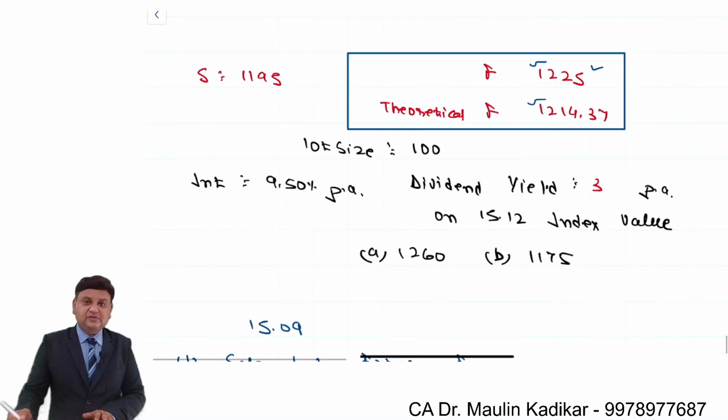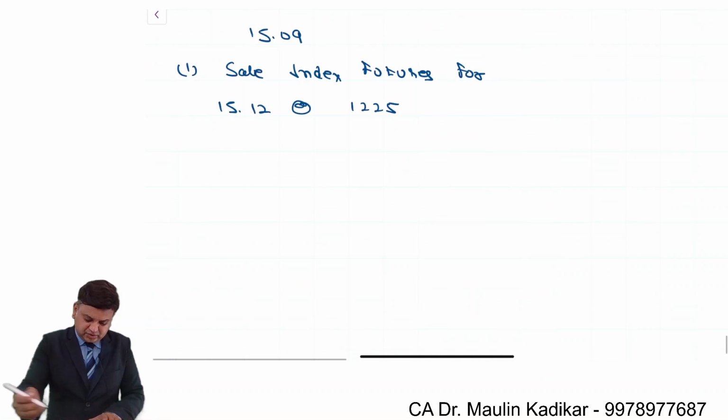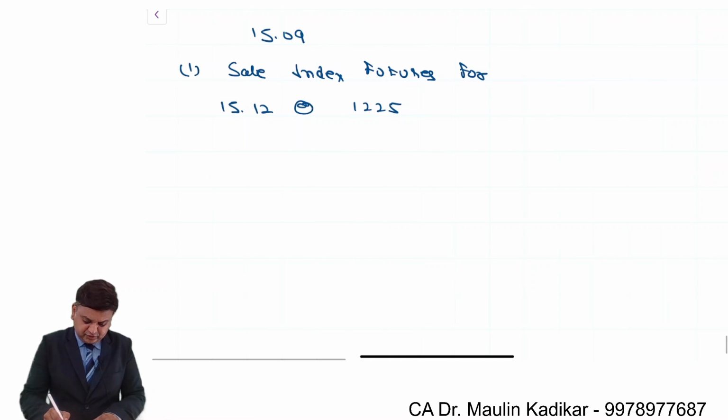So this is the price at which we will sell it. The question does not provide in how many transactions or contracts we should enter upon. So I am taking into account only one contract, or you can take into account multiple contracts also. That is absolutely okay. So sell index futures for 15th of December at the rate of 1225.